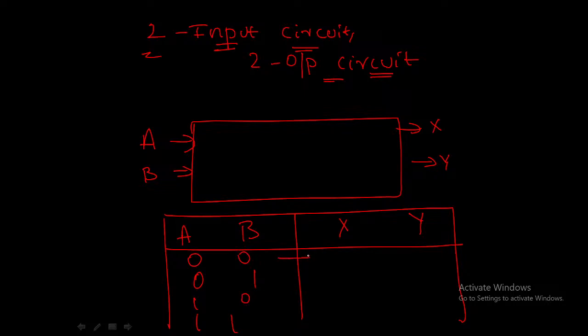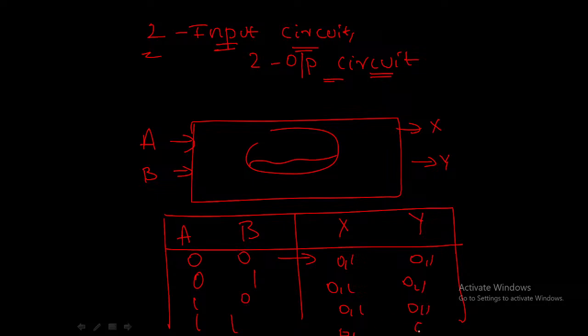For each of these, there will be some set of outputs generated according to the circuit present inside this black box. They may be 0 or 1.